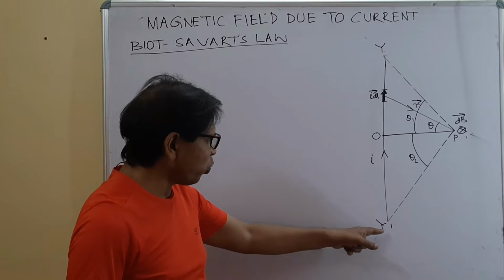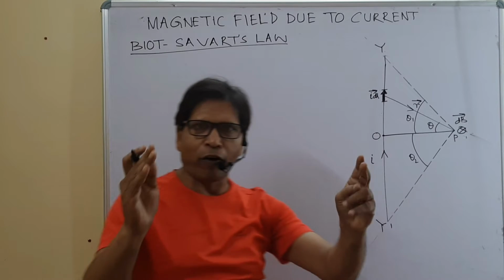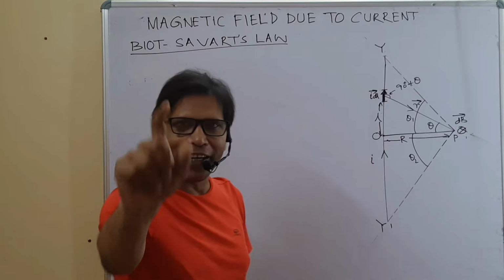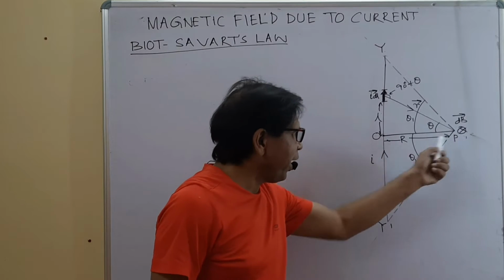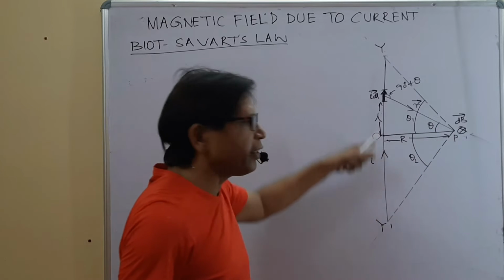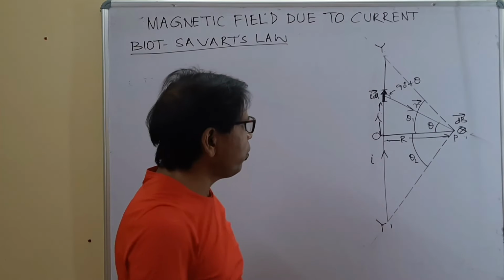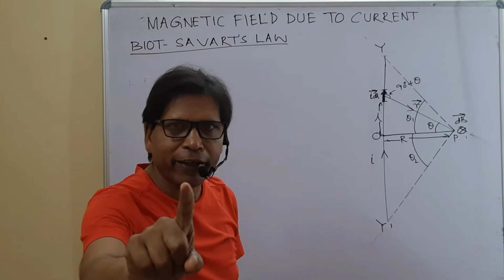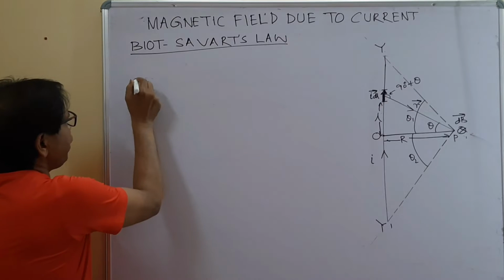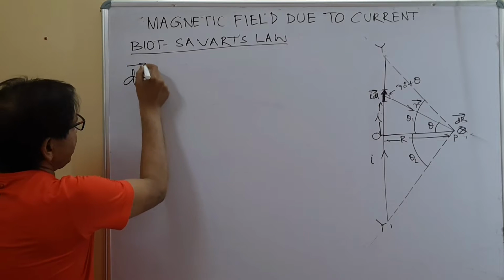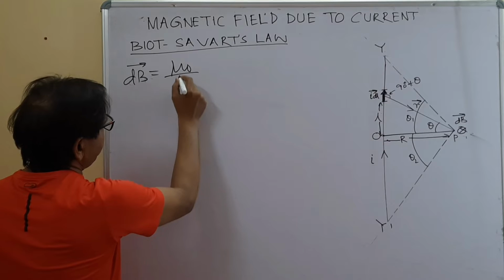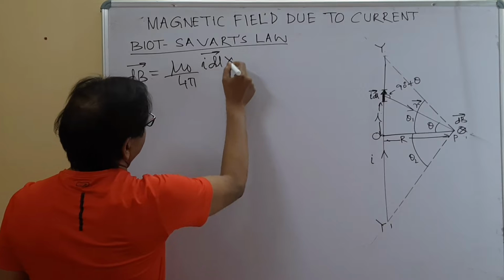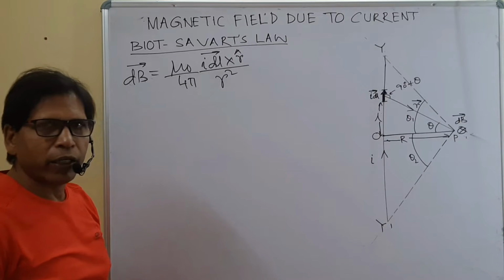Now look at this. Y dash Y is a straight conductor carrying current I. We have to calculate the magnetic field at the point P at a distance capital R from the straight conductor. Now the magnetic field due to current element I dl vector is given by dB vector equal to mu naught by 4 pi, I dl vector cross r cap divided by small r square.